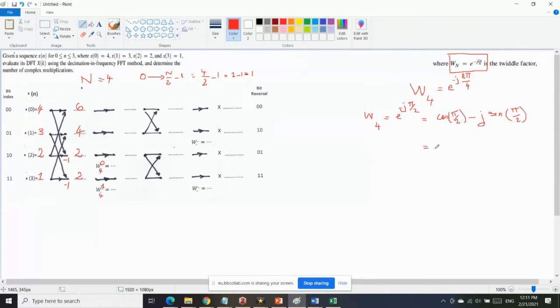Cosine of pi over 2 is 0, minus j sine of pi over 2 is 1. So that means W4 is equal to minus j.